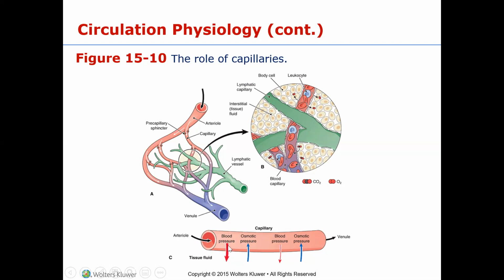The further that we move along, that blood pressure is decreasing, and then the osmotic pressure is due to the fact of the proteins, like the albumin and the other formed elements that are within the capillary itself, and the exchange of the water to the tissues.